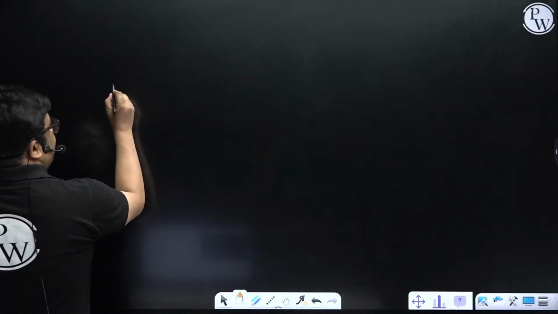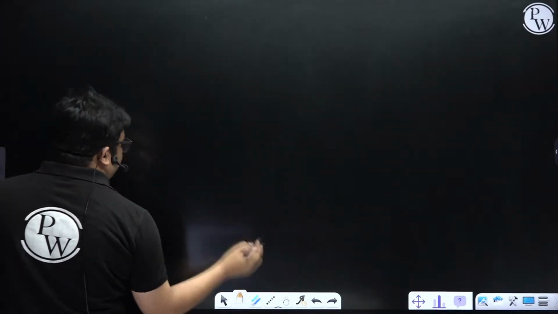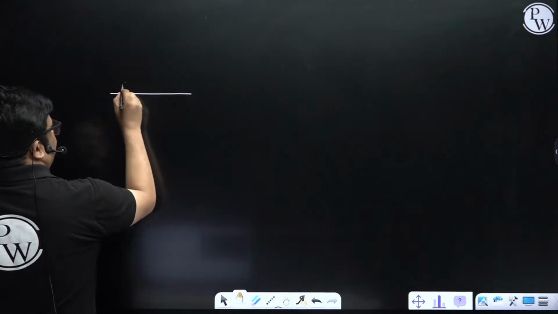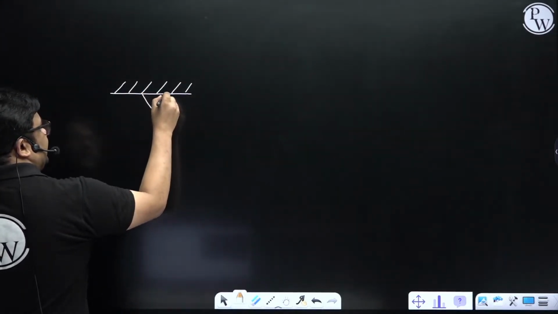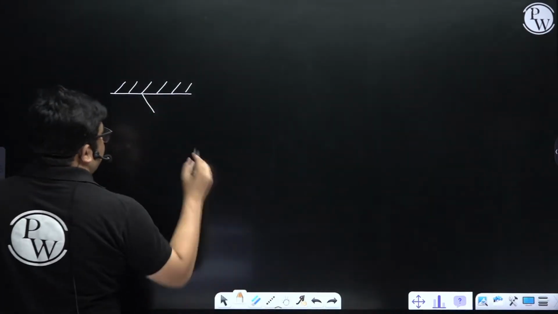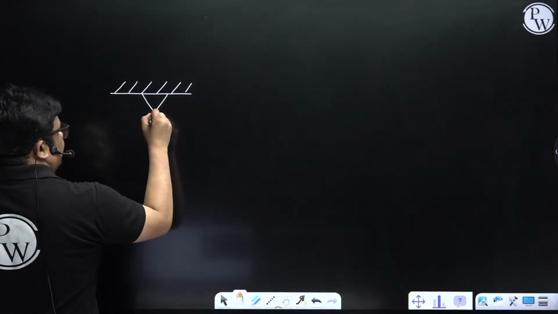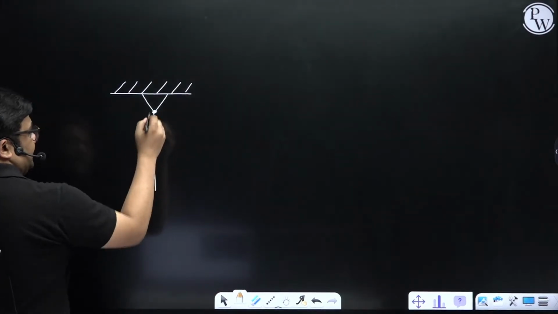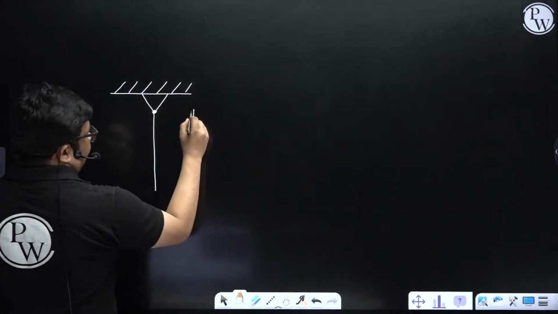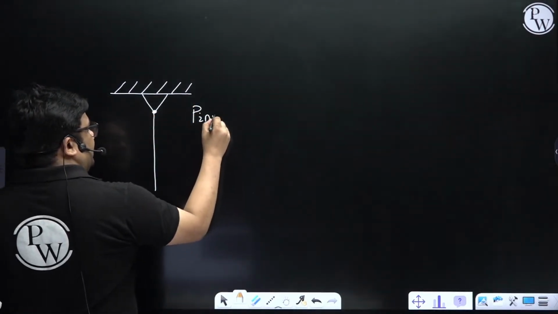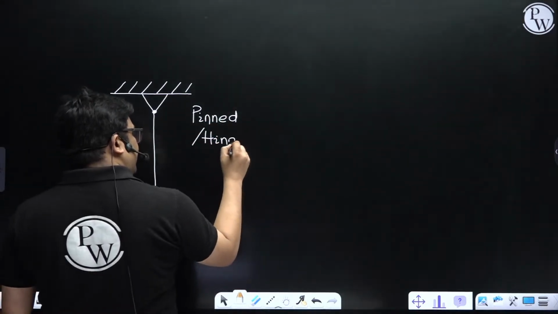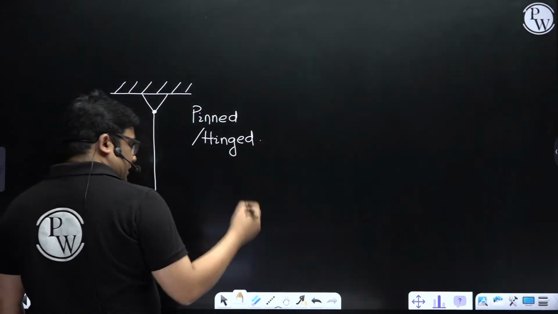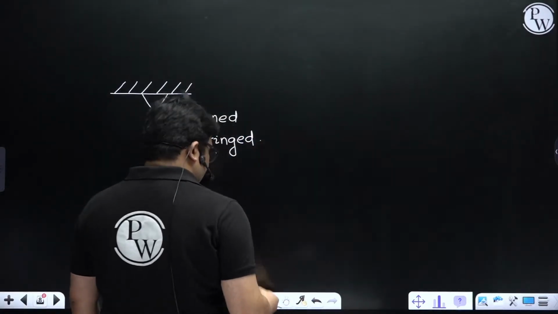If we have a pinned or hinged end, it is indicated like this. In pinned or hinged, the translation is not allowed.